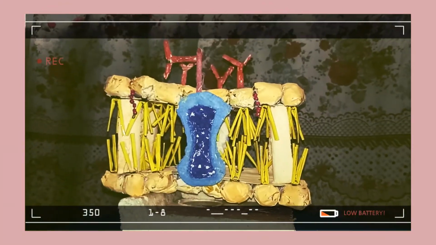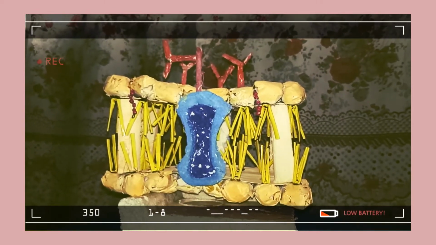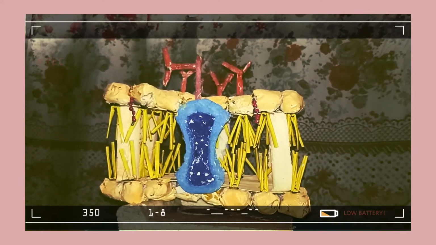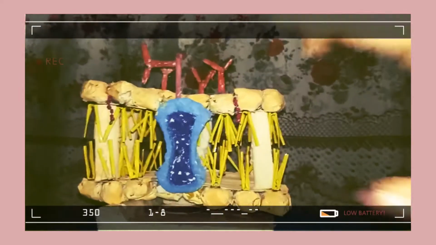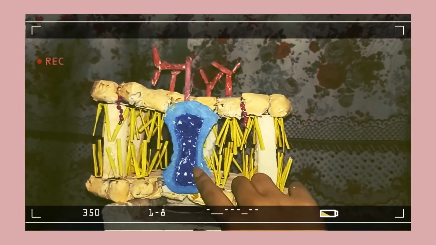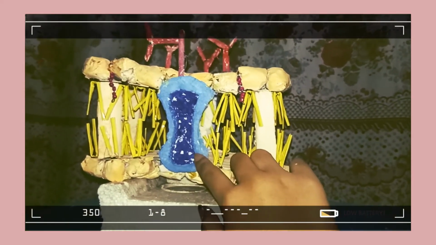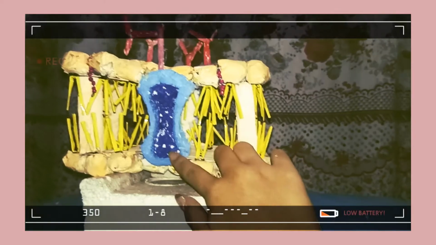The next part is the protein, and it can be divided into two: the integral membrane protein and the peripheral membrane protein. This one at the center is the integral membrane protein, and this one is specifically a channel or transport protein.